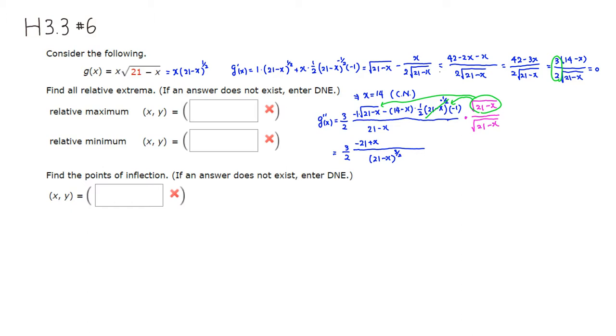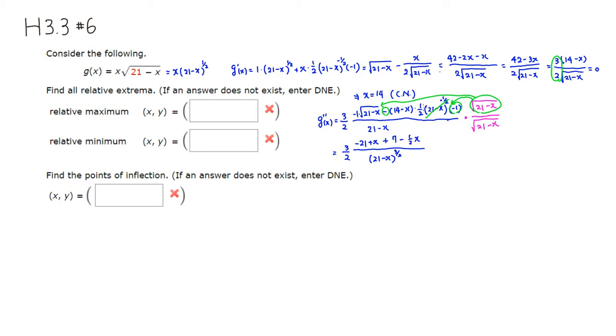So there's a negative and also a double negative, so it's going to be plus, and you have a 1 half, so it's going to be 7 minus 1 half x.